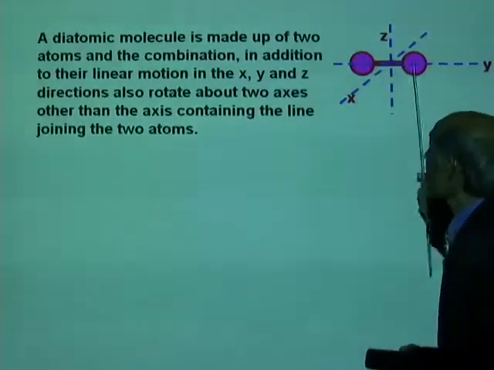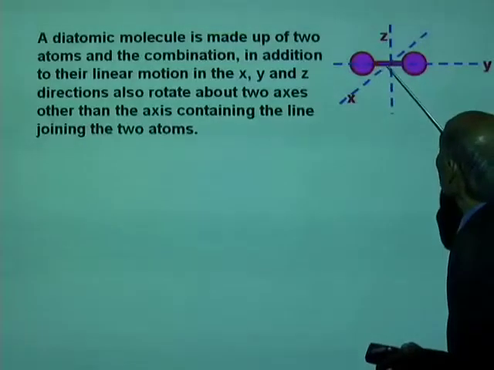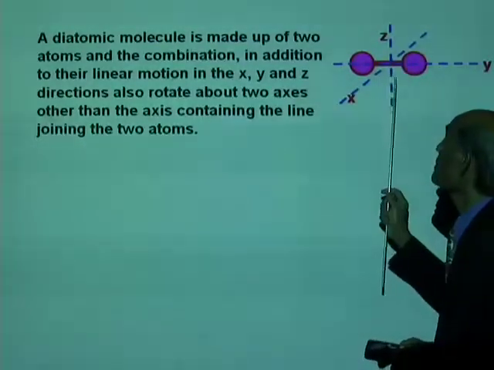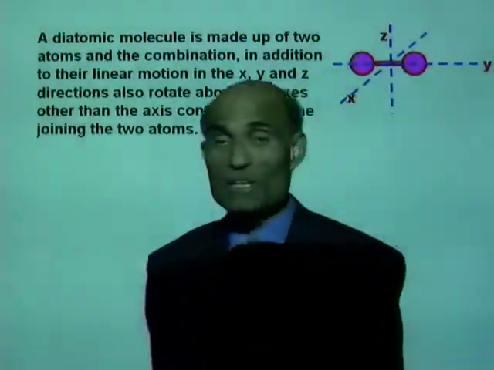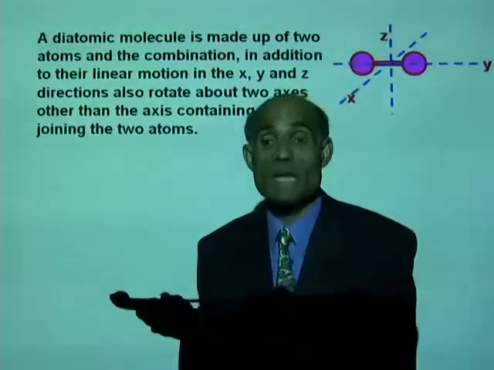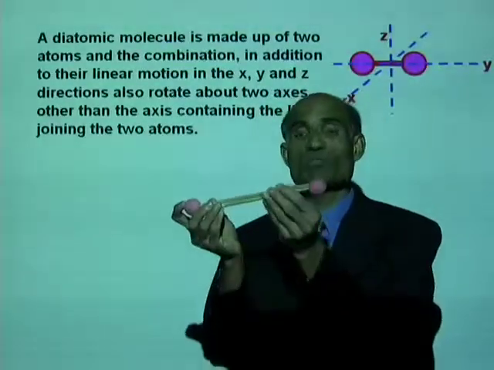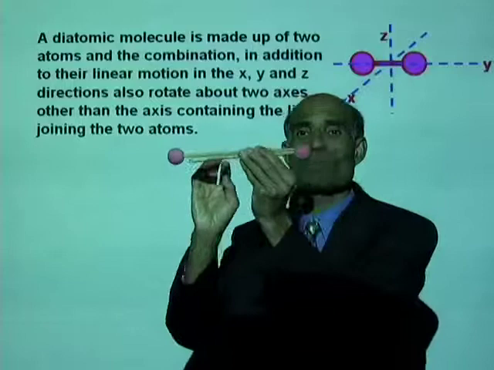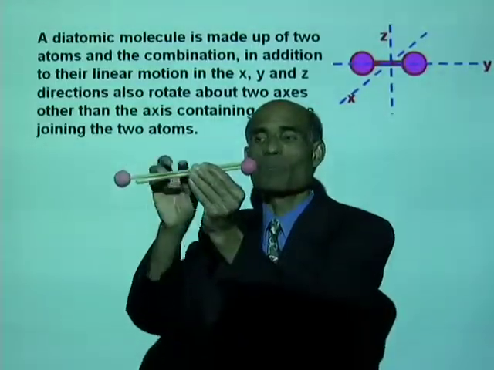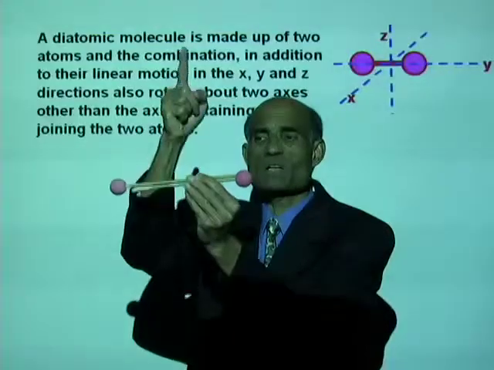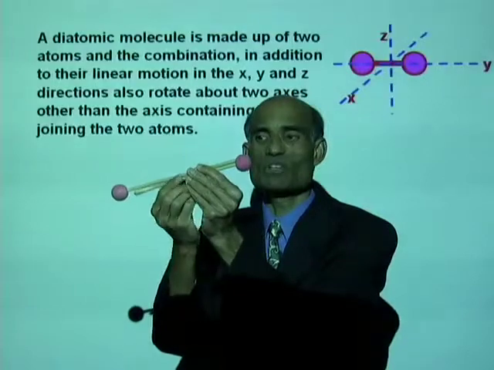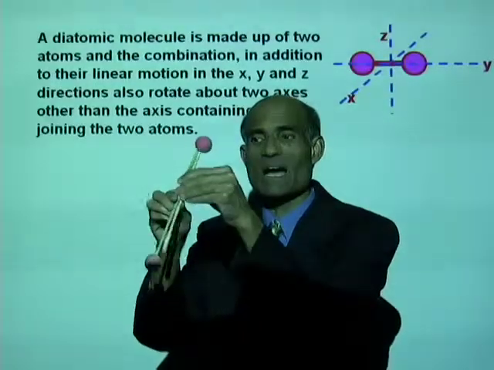In addition to the X, Y, and Z motion, it can rotate. It cannot rotate about this axis, but it can rotate about an axis at right angles. Look at that. It can rotate like this, it can rotate like this.